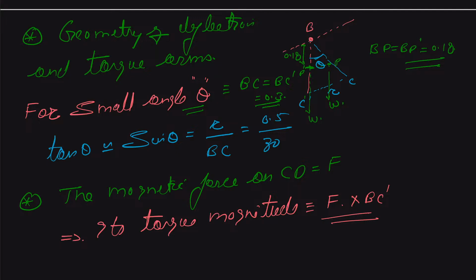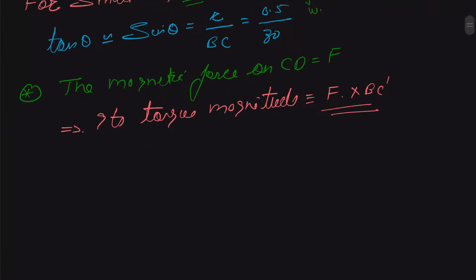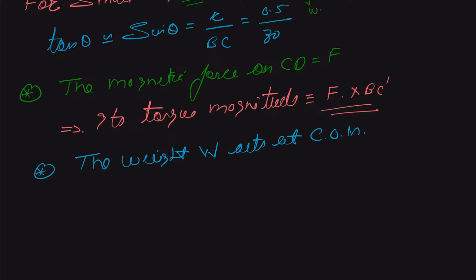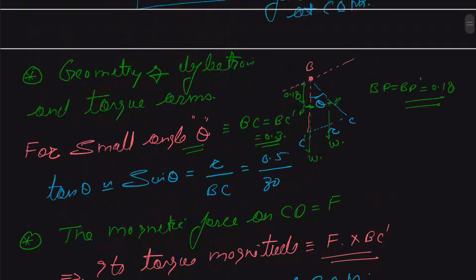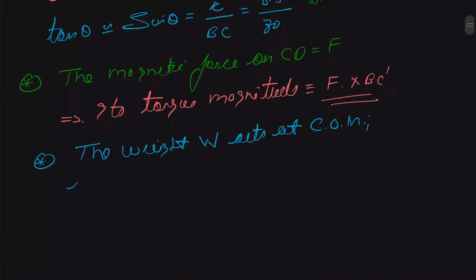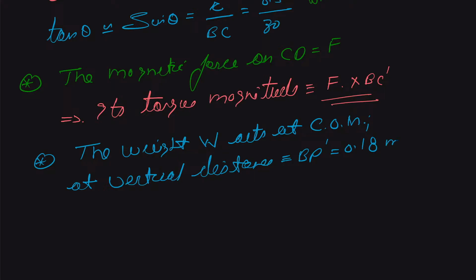And so we can say that the weight W acts at the center of mass, and this is at a vertical distance of BP prime, which is 0.18 meters.